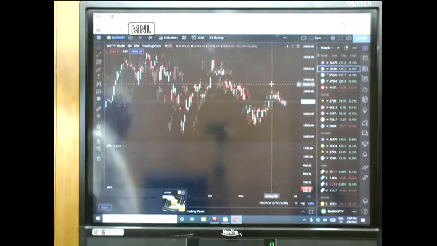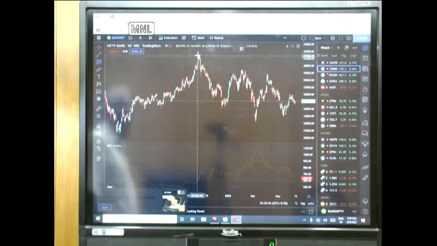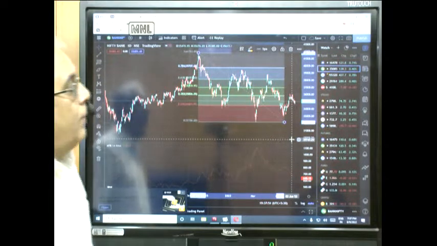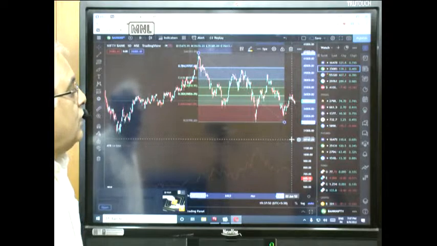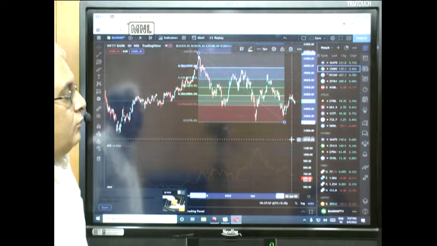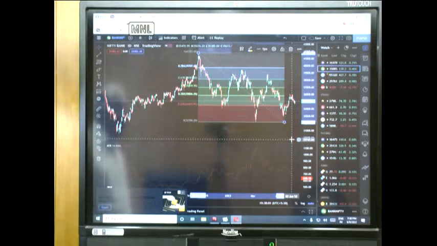And overall Bank Nifty, we will look at the big chart. The break was 34,423, which is the 23.5% retracement of the big move that happened.